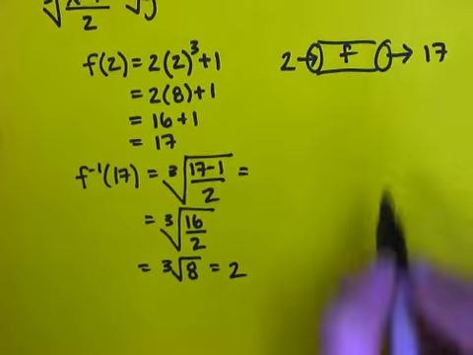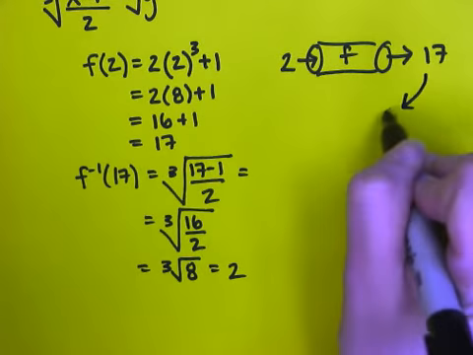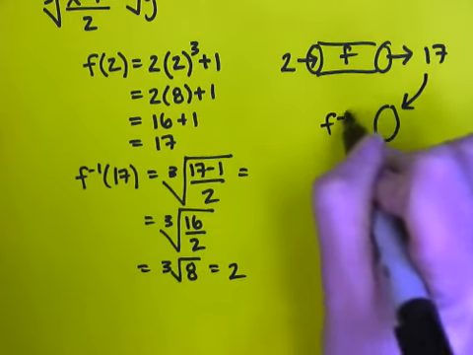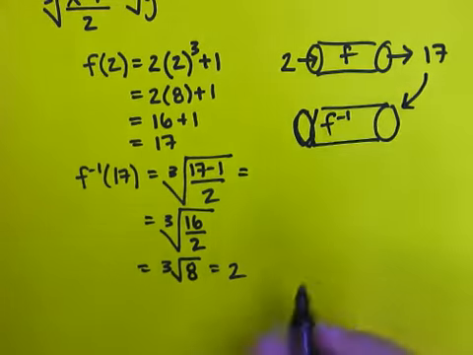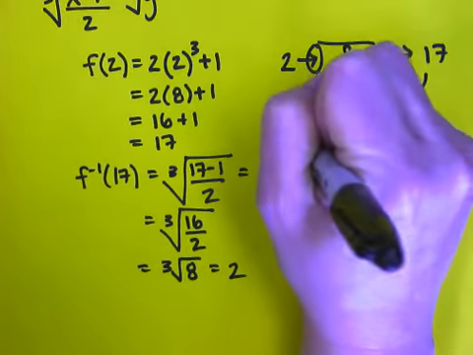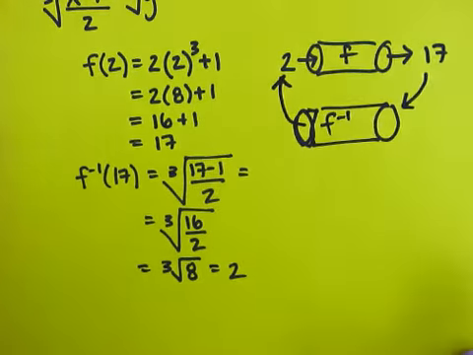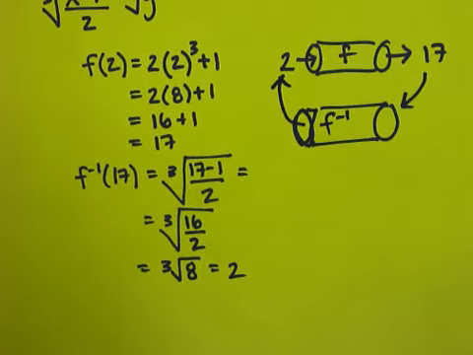So what happened is when I took 17 and I plugged it into the inverse function, oh man, that was a crappy inverse function, but whatever, you get the idea. What I get out is 2. And so inverses really undo each other. They're opposites. Another important property of inverses is that they're symmetric over the line y equals x.